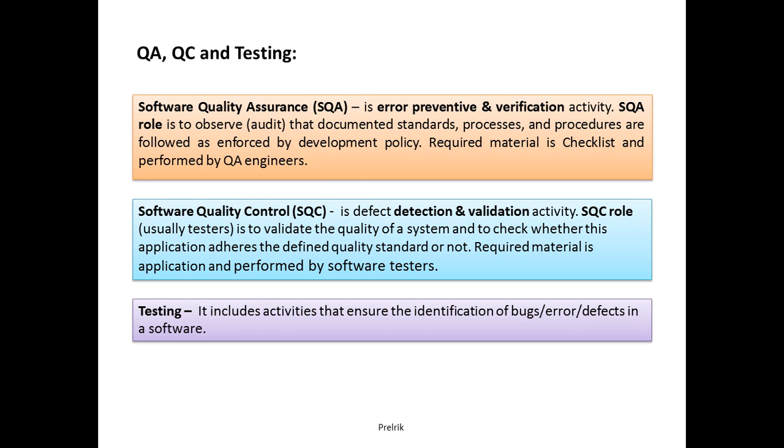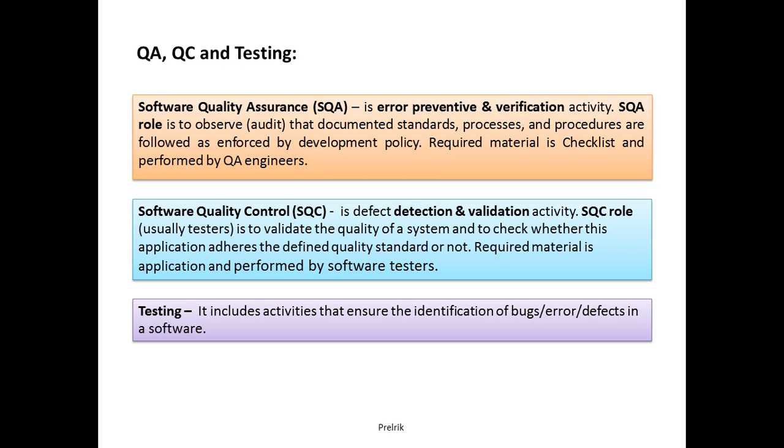Okay, so actually testing is part of QC, and testing includes activities that ensure the identification of bugs, errors, and defects in software. So what is this? I'll explain it again. What is QA? QA is a verification process during the SDLC phase.